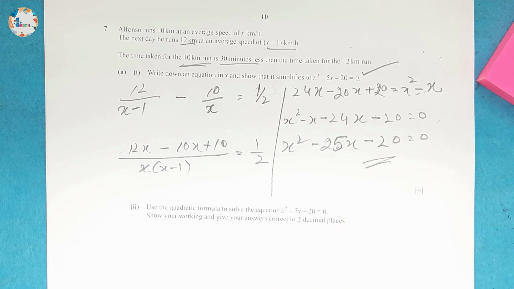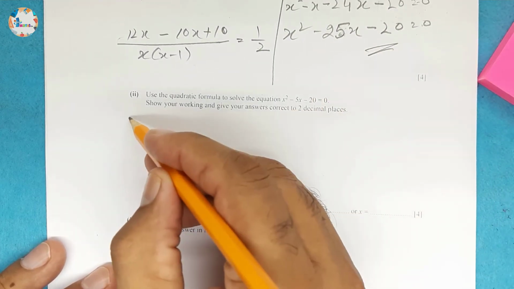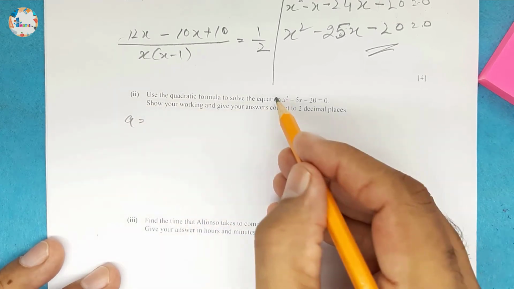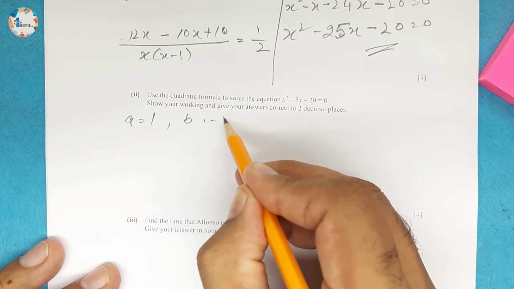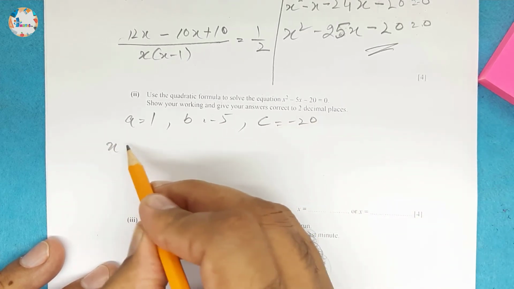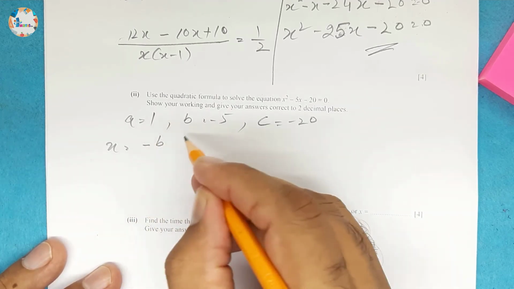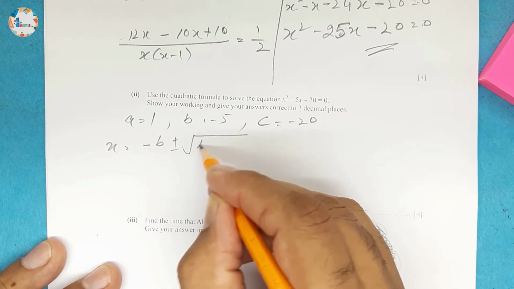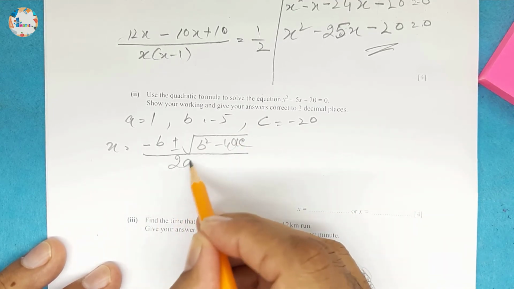So this is done. Next they are saying use the quadratic formula to solve this equation. In the quadratic formula, a will be equal to the coefficient of x squared, b will be equal to the coefficient of x, and c is equal to minus 20. So x is equal to minus b plus or minus the square root of b squared minus 4ac, divided by 2a.